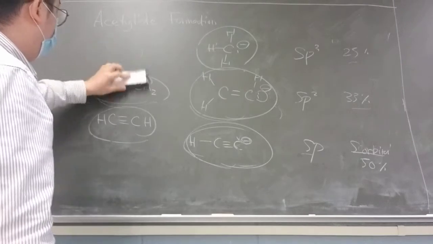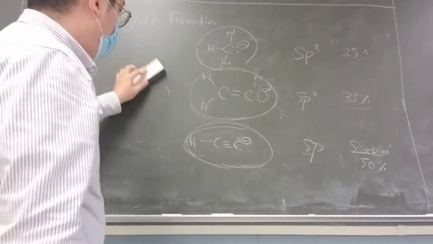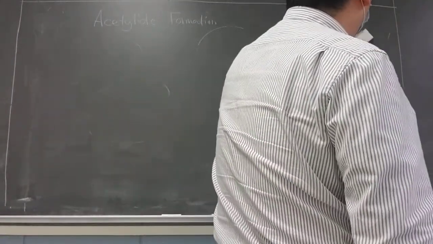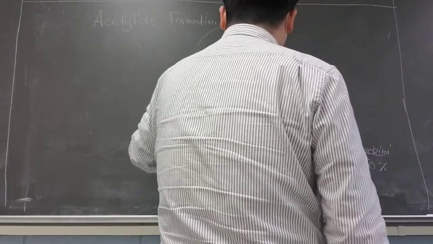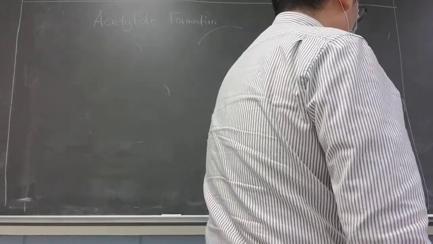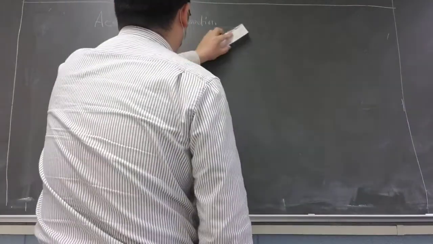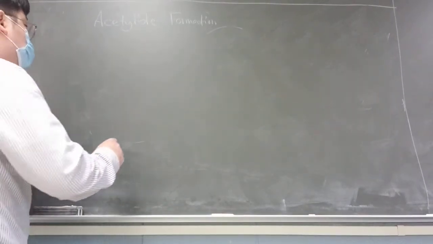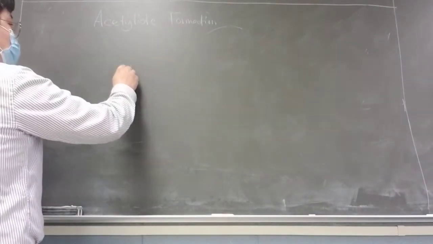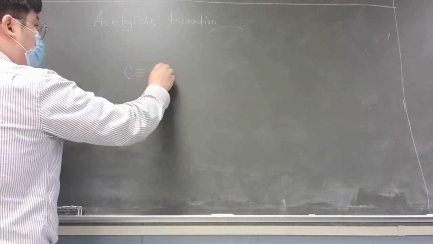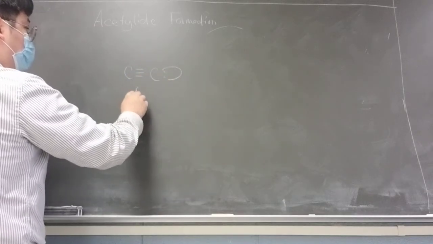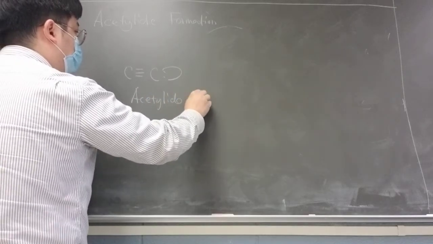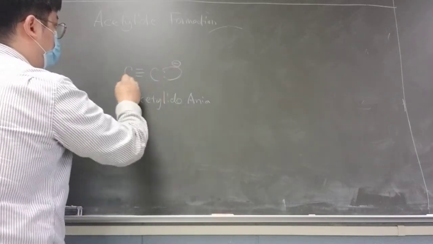All right, so why did we talk about this so much? Not just because of the acidity, but there are certain really good examples. One really good famous reaction involves this type of principle. So whenever you have an acetylide anion, okay, it's a negative charge.